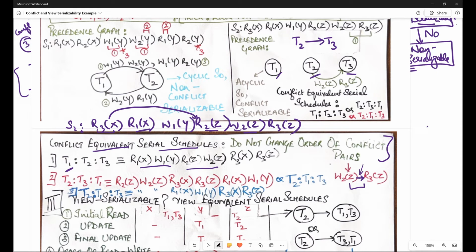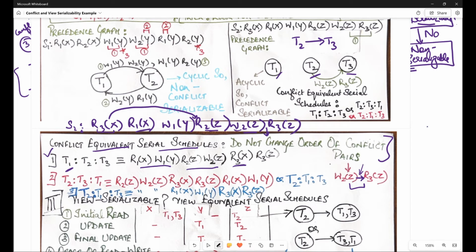So all the operations of T1 are here, then R2Z, W2Z, and then I'm just moving R3X behind this at this position. Again, I just explained it is not a conflict with these items, so no problem. So clearly we can form it in this order T1, T2, T3. This is a possible conflict equivalent serial schedule.